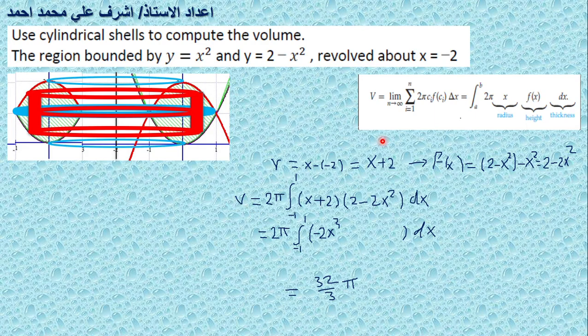So we'll substitute in our formula. The x in this area changes from negative 1 to positive 1. The 2 pi constant we will take as a common factor.